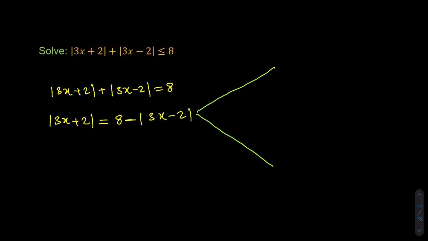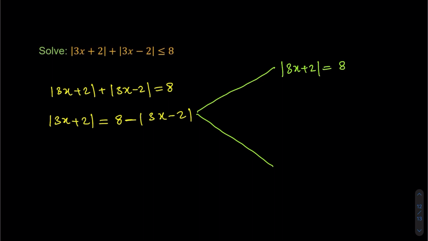I want to remove the absolute value sign of this expression to make it free to calculate and to be able to simplify this expression. So I will keep the isolated part in the original status, and I will write it like the absolute value of 3x plus 2 is equal to 8.